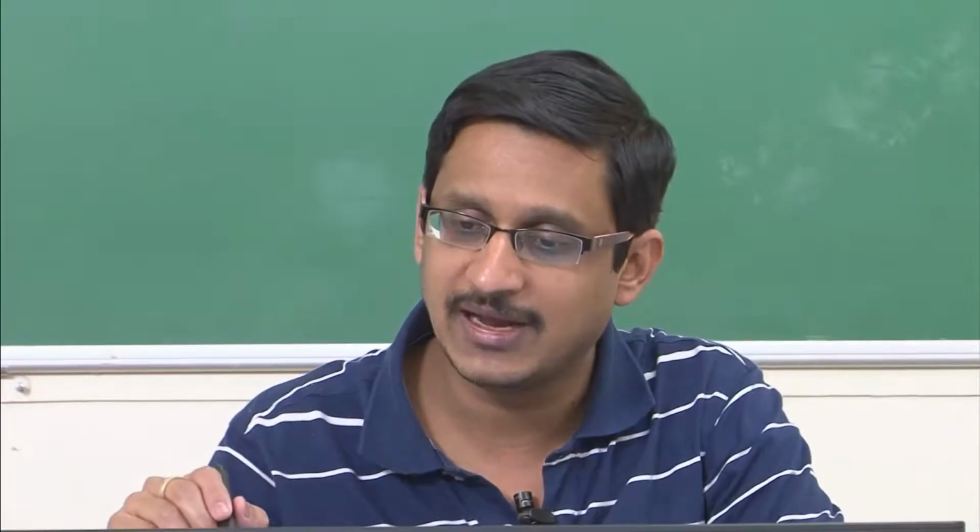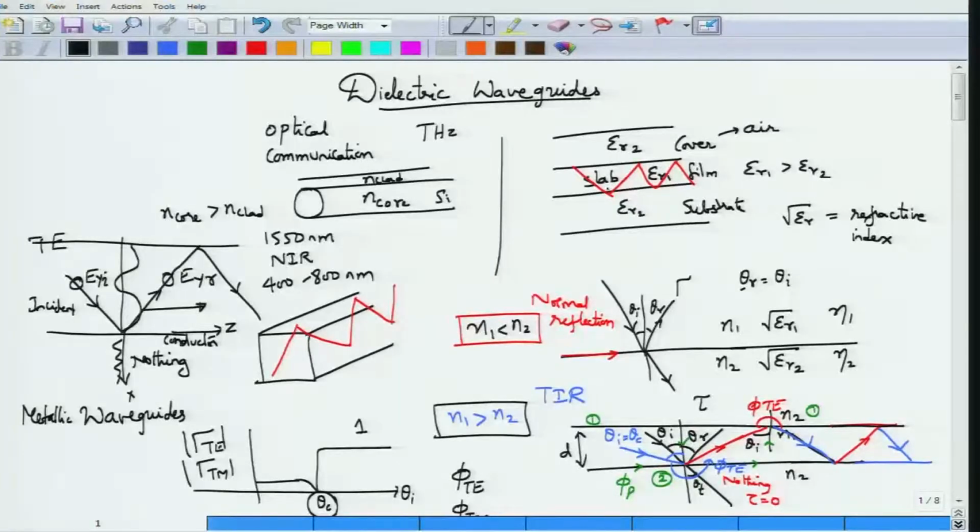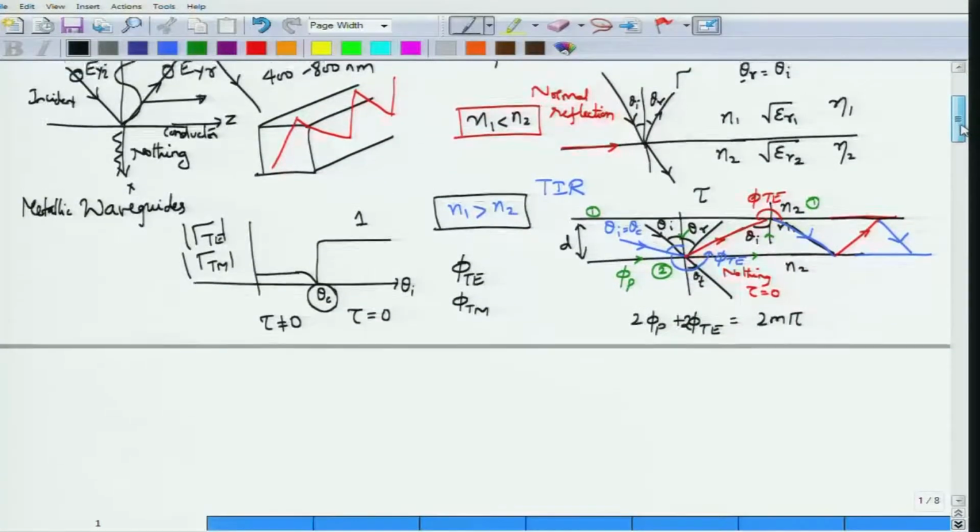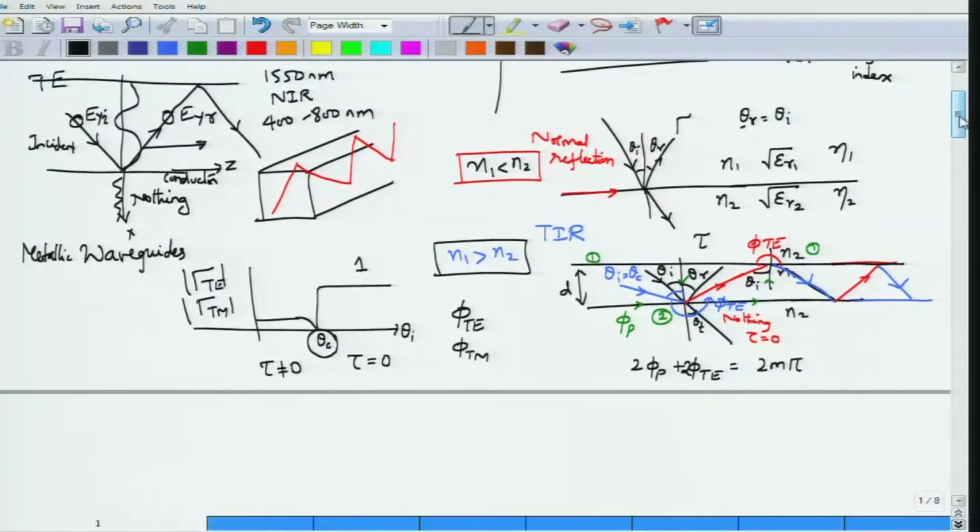So when you do that and send light from the high density region, then light gets totally internally reflected by the interfaces and gets trapped inside that high density region, provided your angle of incidence is greater than the critical angle. The phenomenon by which a metallic waveguide would operate is completely different, because there is no specification of the critical angle there. Whereas for dielectric waveguides, your angle of incidence from the film or from the core of the fiber must exceed the critical angle.